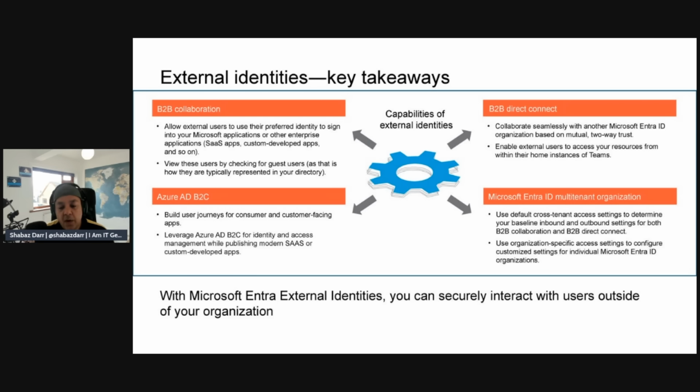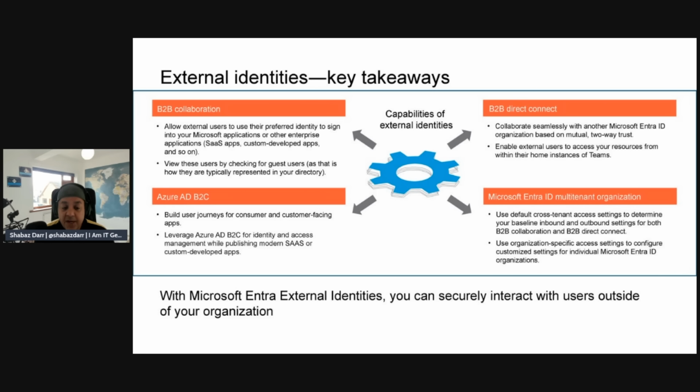Whether they have a corporate or government issued digital identity, or even an unmanaged social identity like Google or LinkedIn or Facebook, they can use their own credentials to sign in. The external user's identity provider manages their identity, and you manage access to your apps with Entra ID or Entra B2C to keep your resources protected.